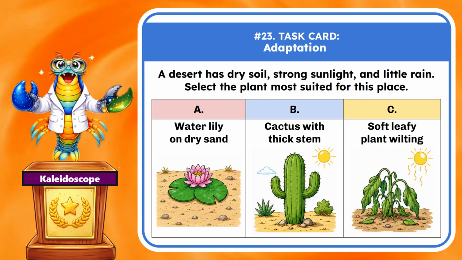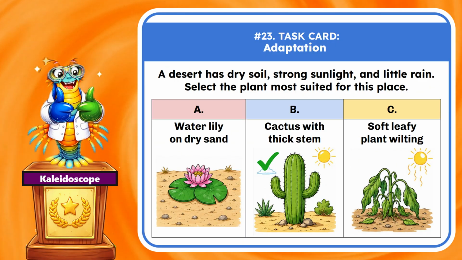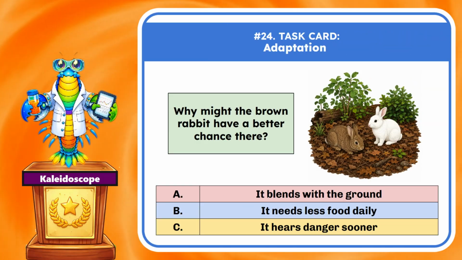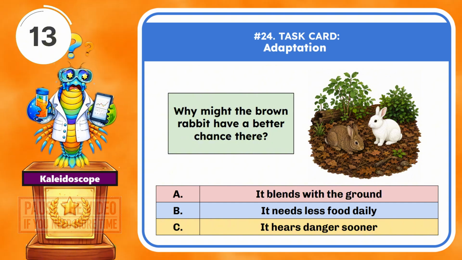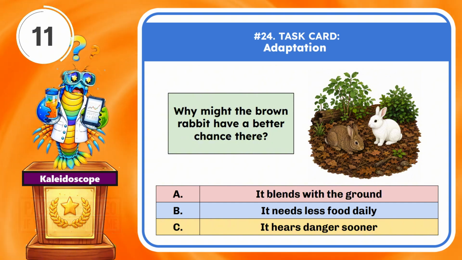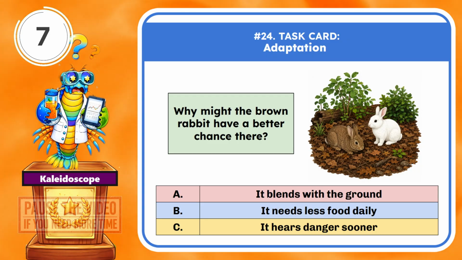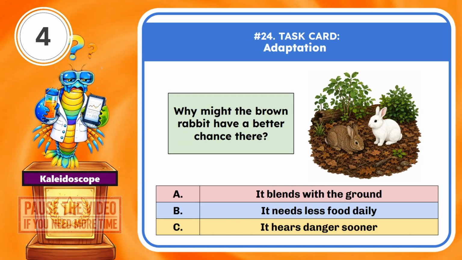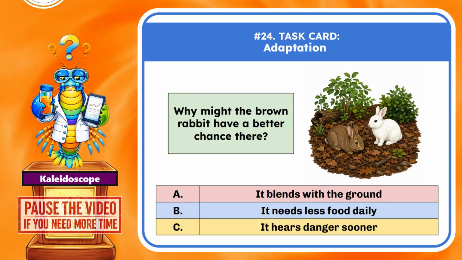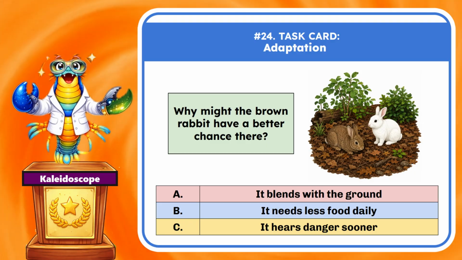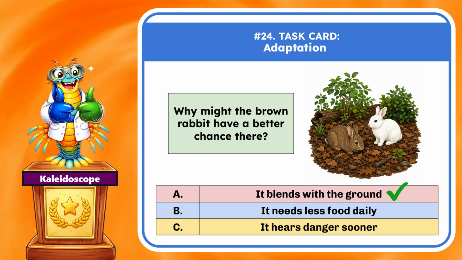And the correct answer is letter B, cactus with thick stem. Why might the brown rabbit have a better chance there? And the correct answer is letter A, it blends with the ground.